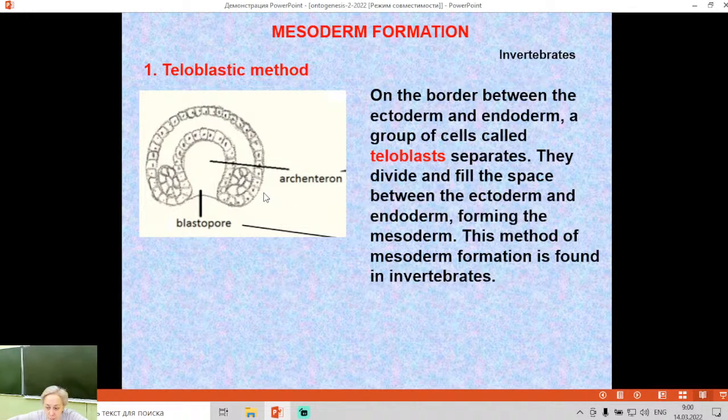Between the ectoderm and endoderm, in this region, a group of cells called teloblasts separates. Thus you see teloblasts in this region. They divide and fill the space between ectoderm and endoderm, forming the mesoderm. This method of mesoderm formation is found in invertebrates.